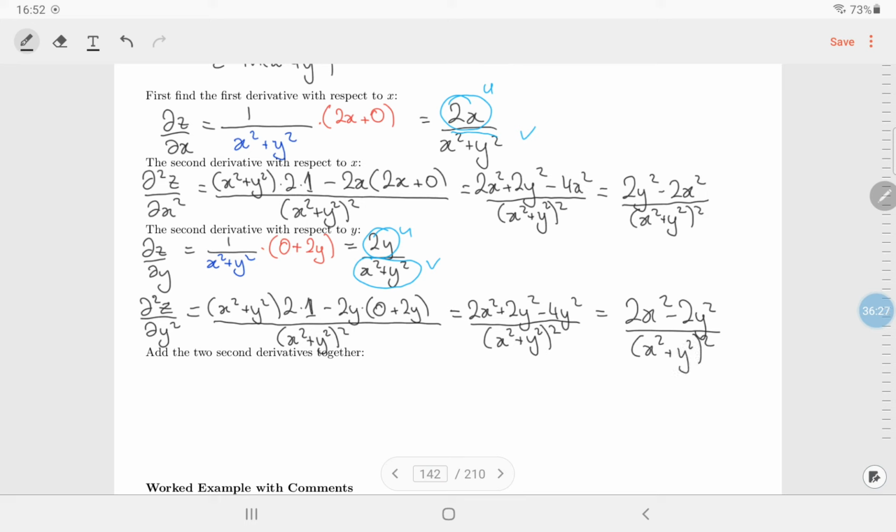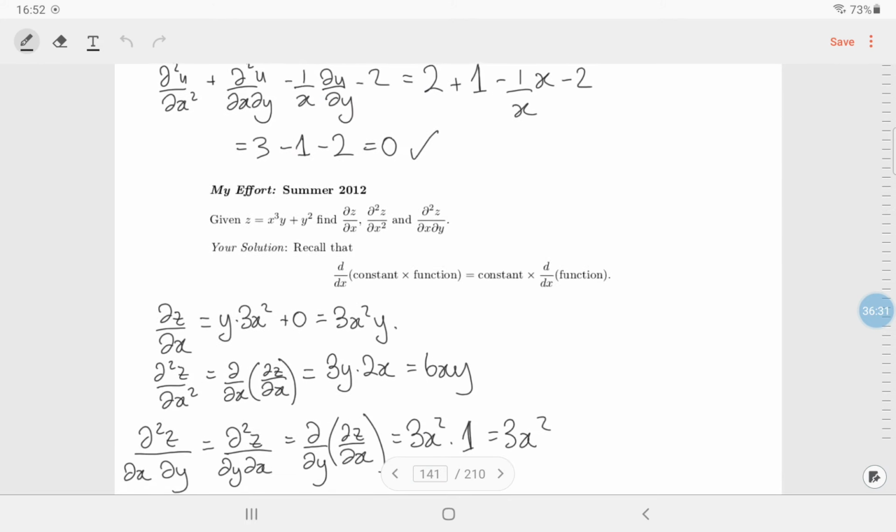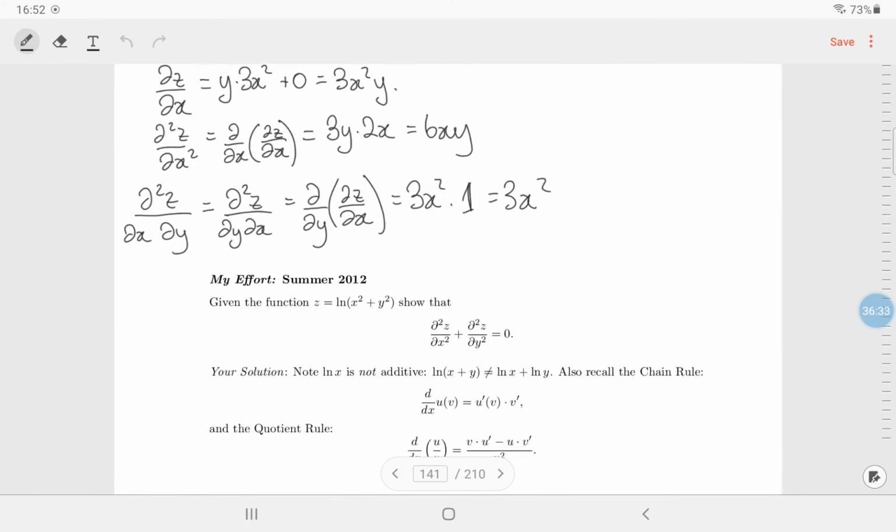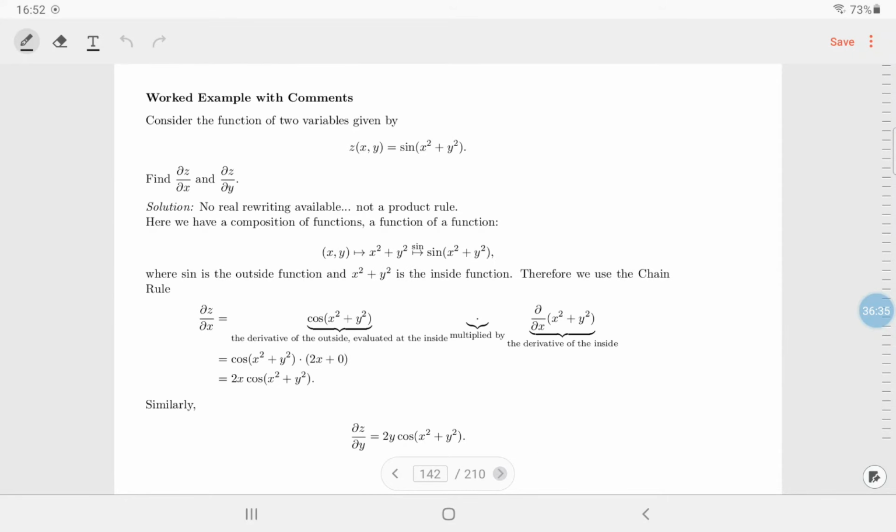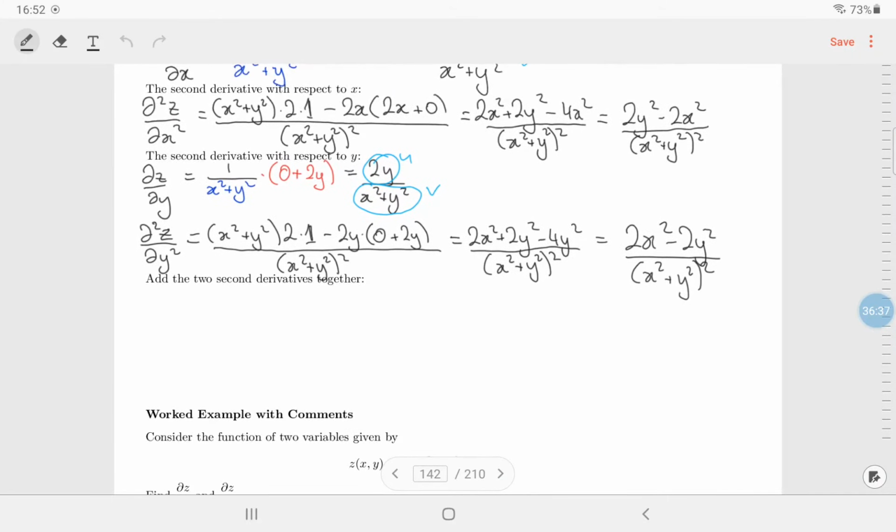Okay, so now what we can do is think, what was the actual question about? Oh yeah, show that the sum of the second derivatives is 0. So what have we got? The second derivative with respect to x plus the second derivative with respect to y is equal to, so we're adding these two on the right hand side.